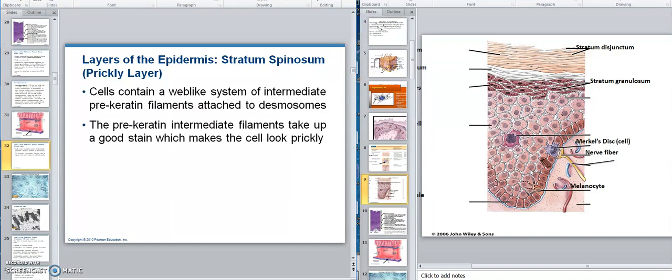Since you're staining only the corners of the cell, it will look more prickly, like that's all that's there. And so that's what we call the prickle cell layer, the Stratum Spinosum.